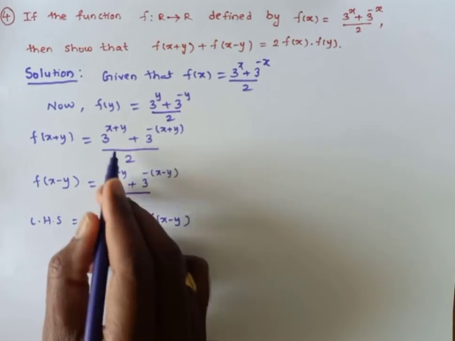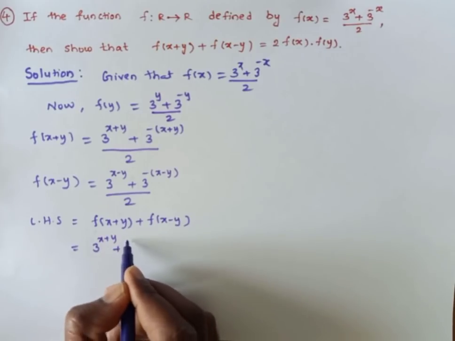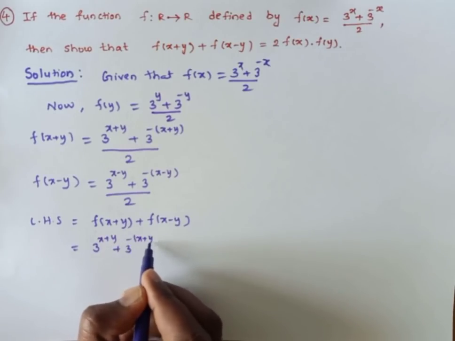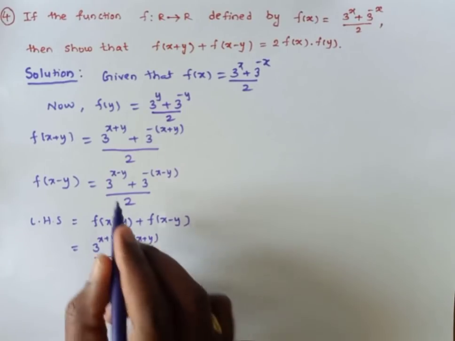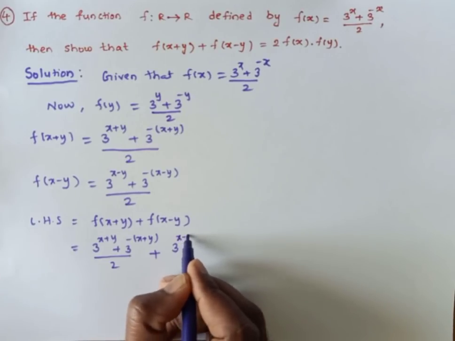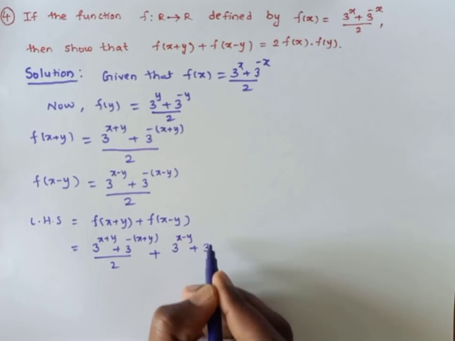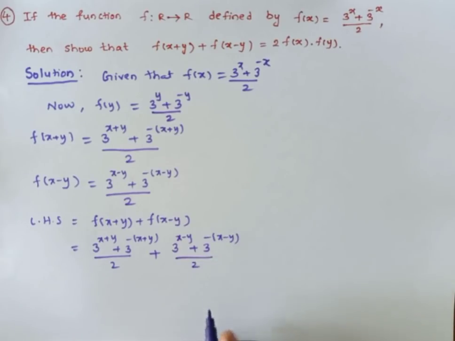This is 3 to the power of x plus y plus 3 to the power of minus of x plus y, by 2, plus f of x minus y, that is 3 to the power of x minus y plus 3 to the power of minus of x minus y, divided by 2. Okay, next the LCM is 2.